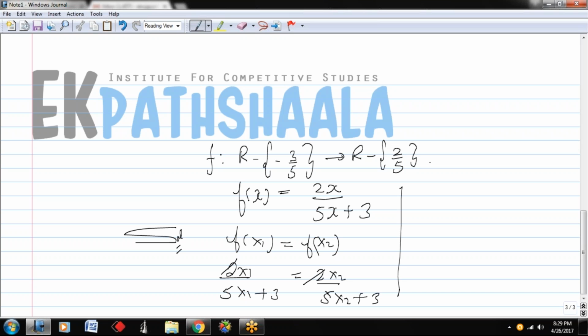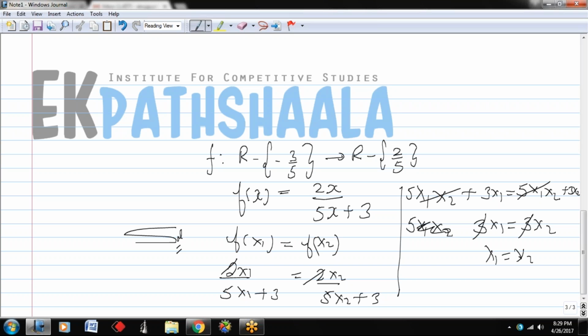Let us cross multiply it. This will become 5x1 x2 plus 3x1 is equals to 5x1 x2 plus 3x2. सब कुछ एक तरफ ले आए. 5x1 x2 gets cancelled with this thing. So it will be 3x1 equals to 3x2. 3 gets cancelled with 3. This becomes x1 equals to x2. Therefore it is 1 1.